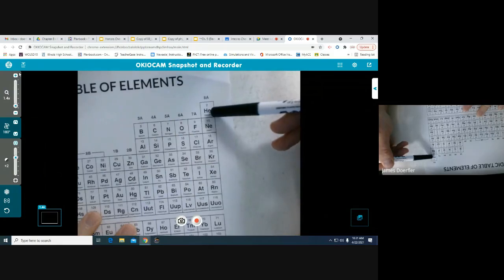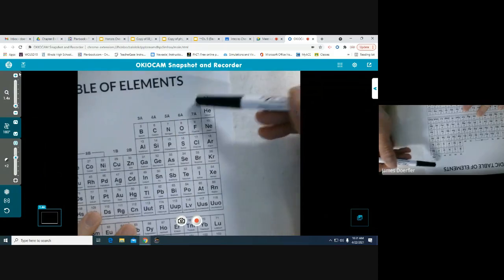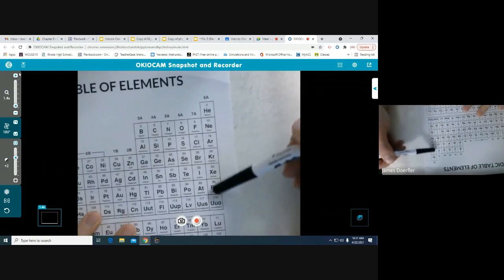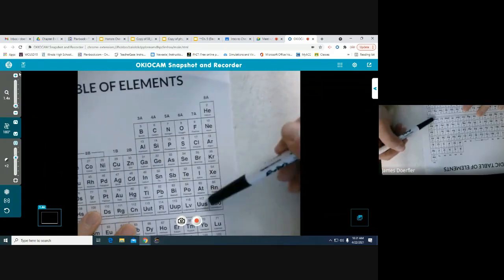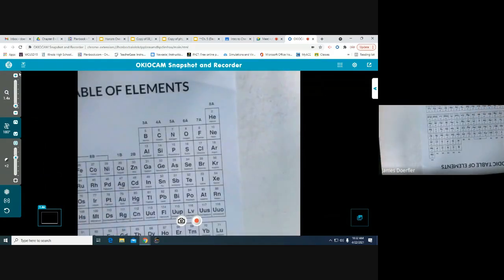Helium has 2. But everything else in this column has 8. So helium has 2, but neon on down has 8. So again, you don't always have to do an electron configuration to determine how many valence electrons an element has. You get the shortcut method.